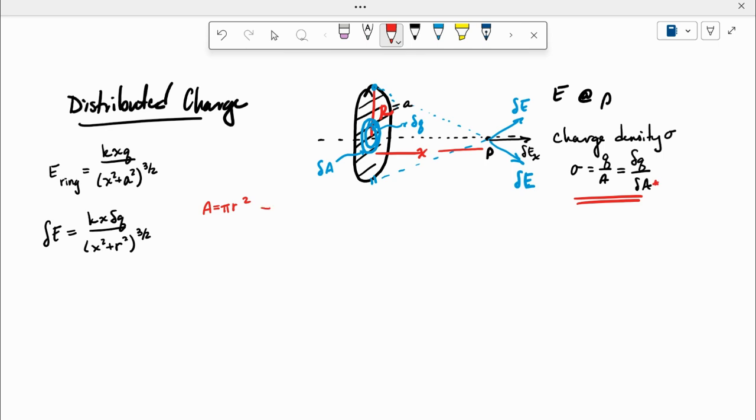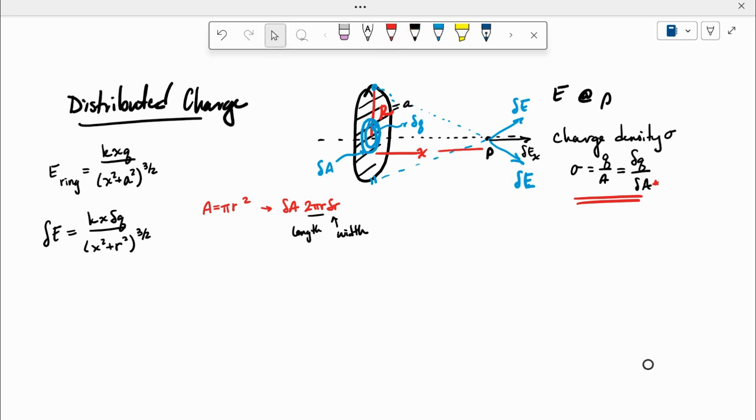That means dA would be the derivative of that, so we get 2 pi r dr. And again, 2 pi r would be the circumference of a ring, and dr, you're going to integrate over all of them as we go around. In terms of what this actually means, this would be my length, how far around, and this would be my width, because area is length times width. Because each one is infinitely small, that's the dr.